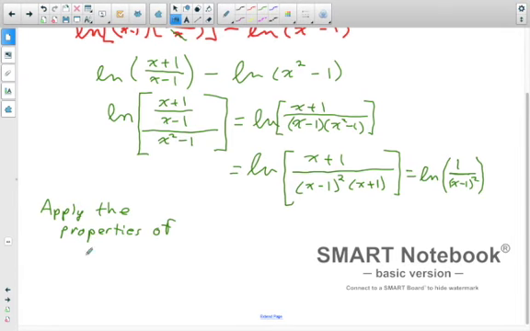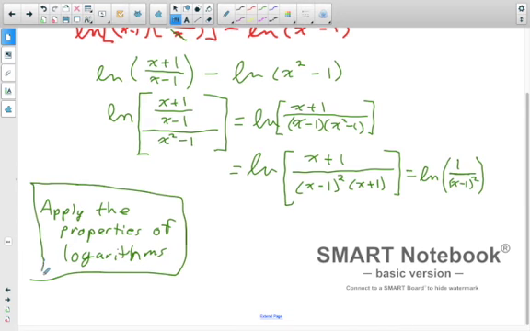We need to apply the properties of logarithms. After we apply the properties of logarithms, we're done, other than some algebraic simplification. We need to apply these properties.